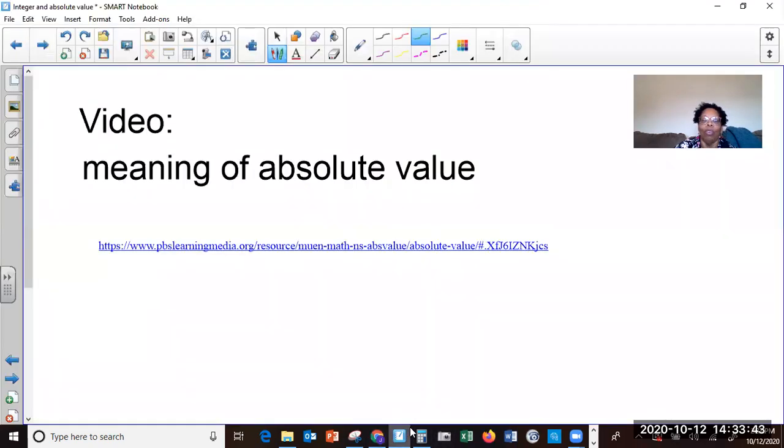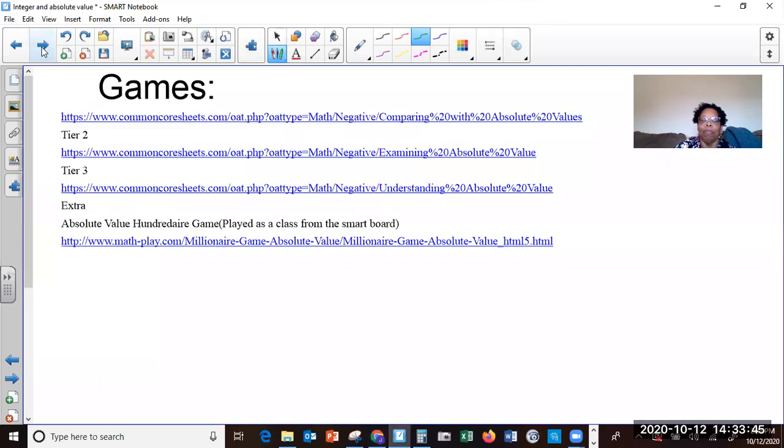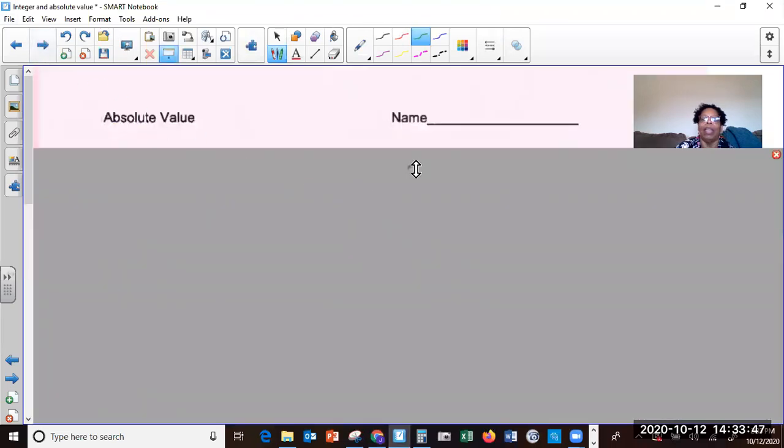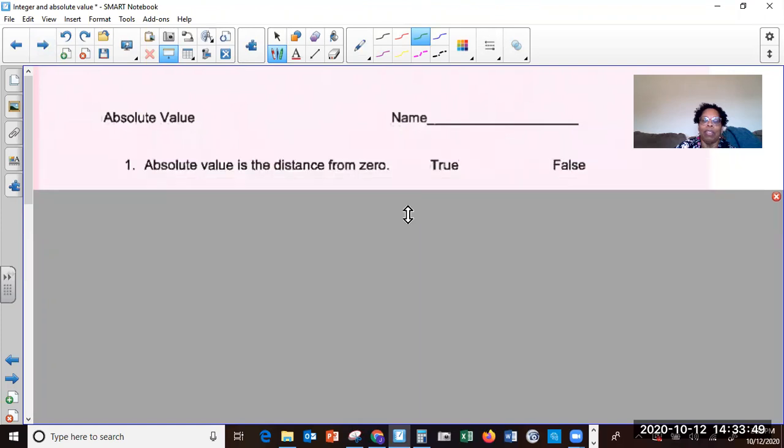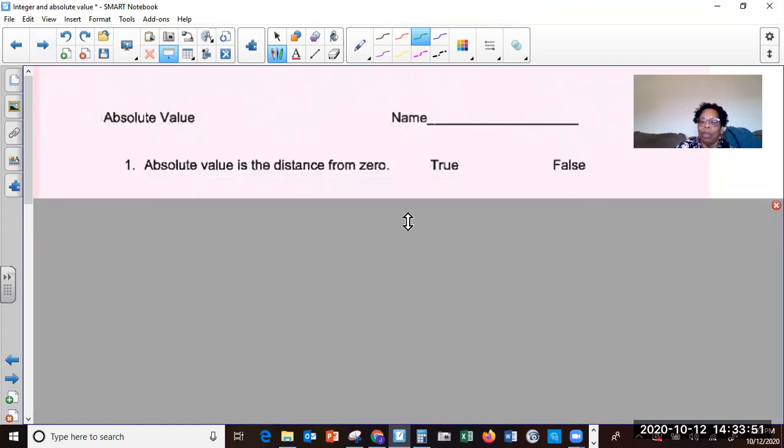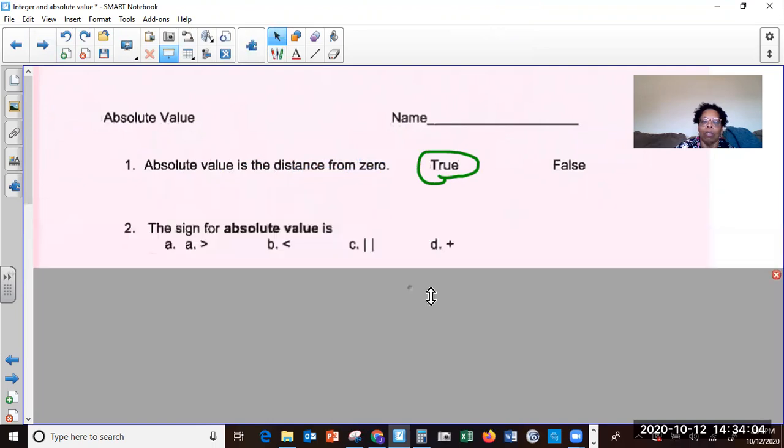Okay, so just remember, we got lots of games to play, that the absolute value is distance from 0 and it's never negative. Is this true? Absolute value is a distance from 0. Yes. Let's see how much you've learned. Next one.